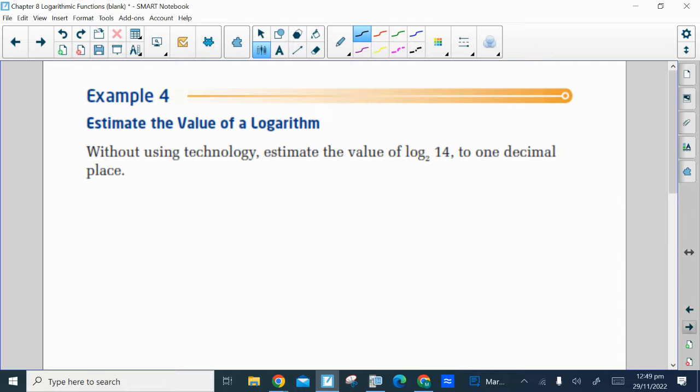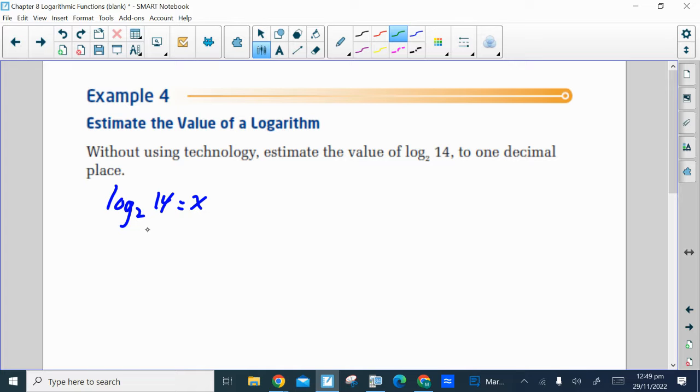It says, without technology, estimate the value of log base 2 of 14. Well, as we saw yesterday, if you want to find the value of a log, one thing you can do is set it equal to x. And then, what does this mean?